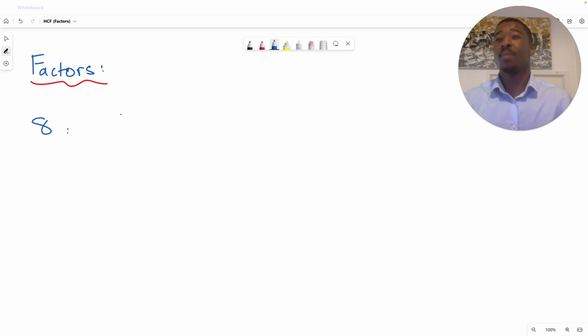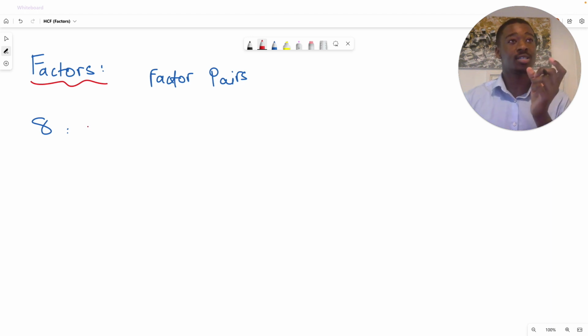So therefore the best way to think about factors is simply by using factor pairs. And factor pairs help us to find factors extremely quickly. And what we do is we simply find pairs of numbers that we can multiply together to give our given number.